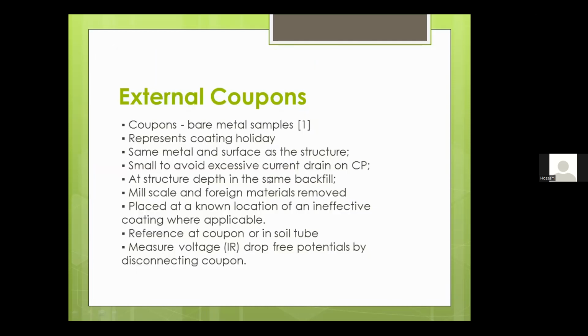The external coupons could be used to represent a coating holiday from the same metal. We can use small coupons to avoid excessive current drain on cathodic protection systems. We can bury them at the same depth as the structure.